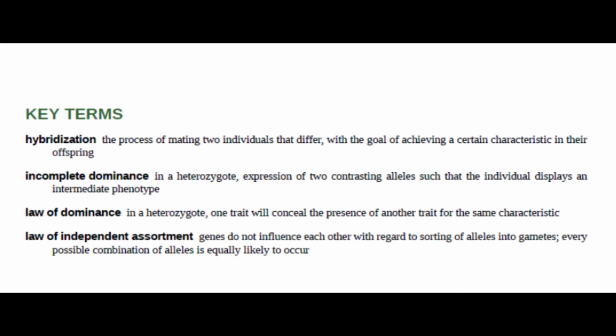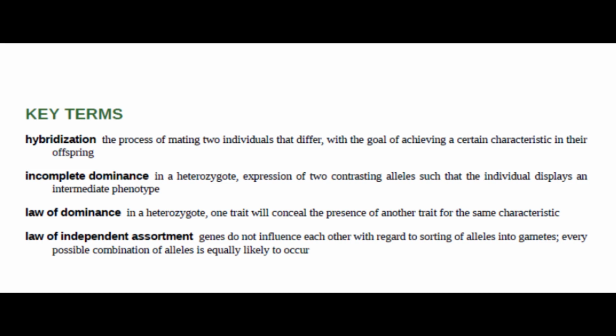Incomplete dominance. In a heterozygote, expression of two contrasting alleles such that the individual displays an intermediate phenotype. Law of dominance. In a heterozygote, one trait will conceal the presence of another trait for the same characteristic.